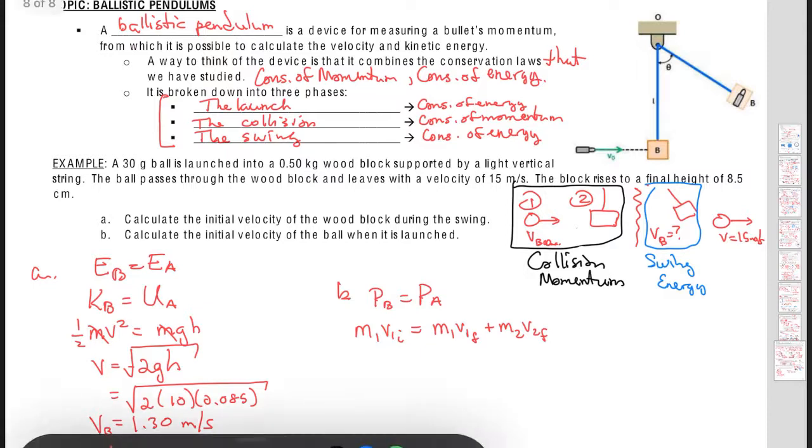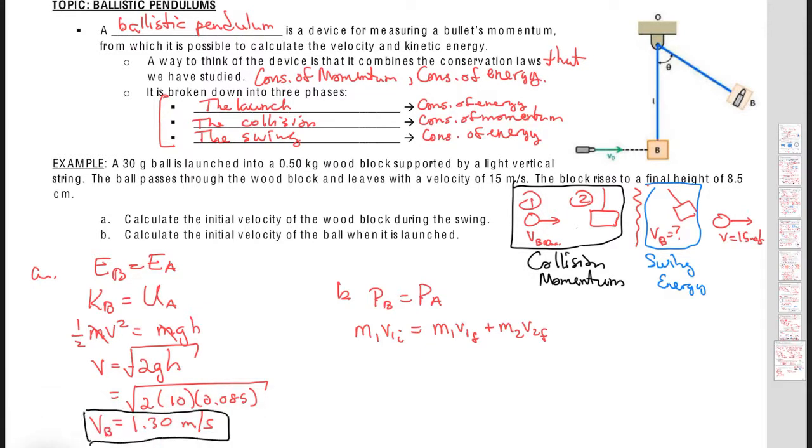We actually do, because it's the initial velocity of the swing. So that VBF is our V2F for the collision.